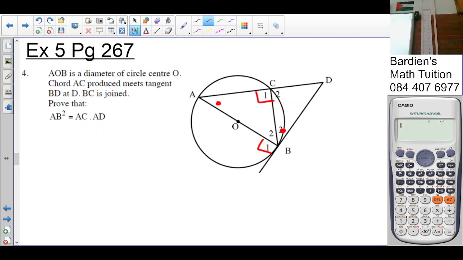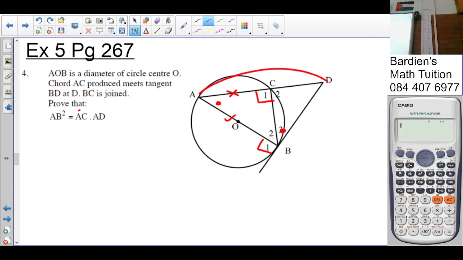And meets tangent BD at D. BC is joined. Prove that AB squared. If you're looking at AB squared, that means AB is used twice. Can you see that, people? They got AB, they got AC, which is this one here. Then they got AD, which is that length here.